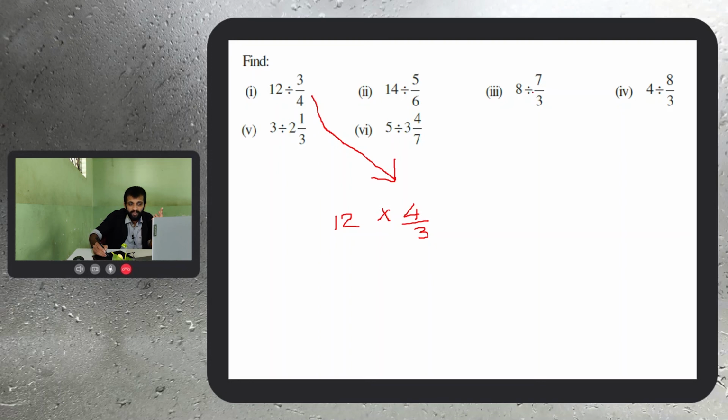Same way, multiplication and 3 upon 7. And you know how to multiply a whole number and a fraction, right? So this will become 3 1s are 3, 3 4s are 12, and 4 4s will become 16 upon 1. This is your final answer for the first one. Same way you can try all these problems.